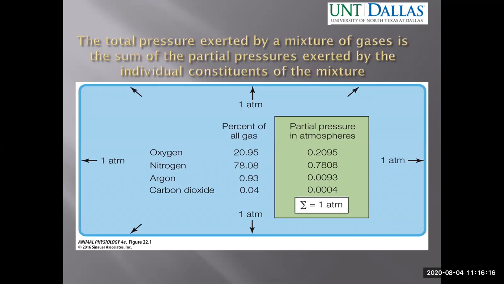You can see here in the figure, for example, 1 atmosphere of pressure is equal to the partial pressures exerted by oxygen, nitrogen, argon, and carbon dioxide. Oxygen contributes 0.2095, nitrogen comprises a partial pressure of 0.7808 atmospheres, argon is about 0.0093, and carbon dioxide is 0.0004.